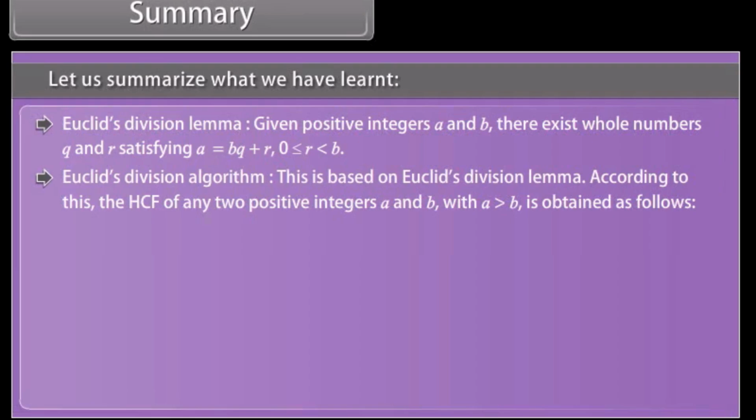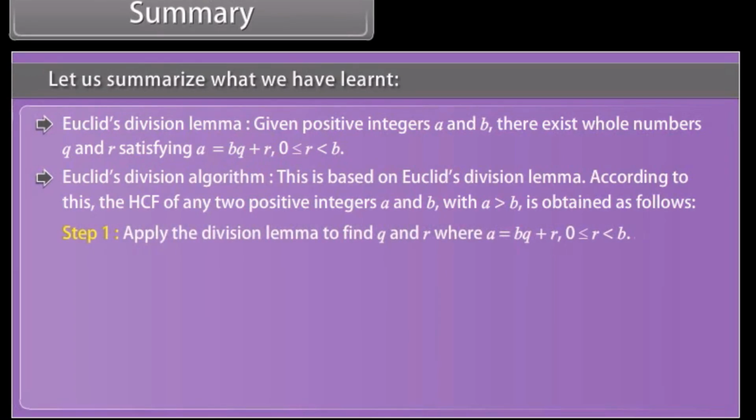This is based on Euclid's division lemma. According to this, the HCF of any two positive integers a and b, with a greater than b, is obtained as follows. 1. Apply the division lemma to find q and r, where a is equal to bq plus r, 0 is smaller than or equal to r, which is smaller than b.